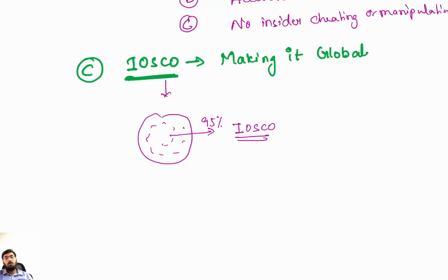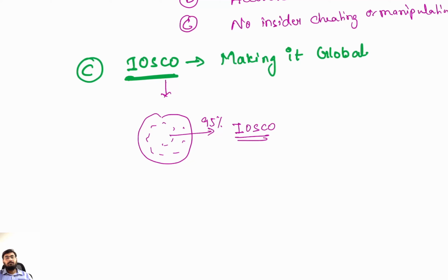Promotes global standards. So investors in Japan, Germany or India can understand and trust the report of a US company.